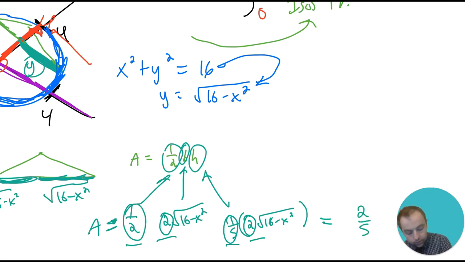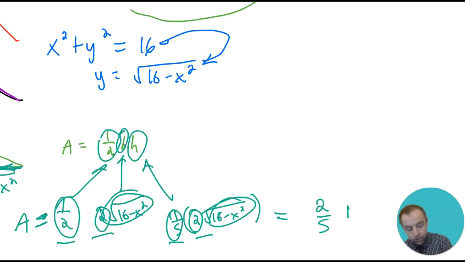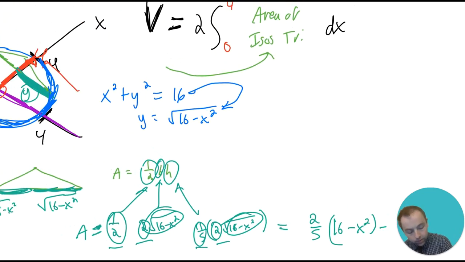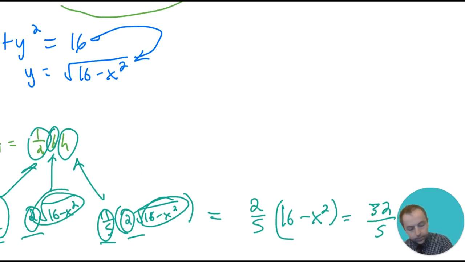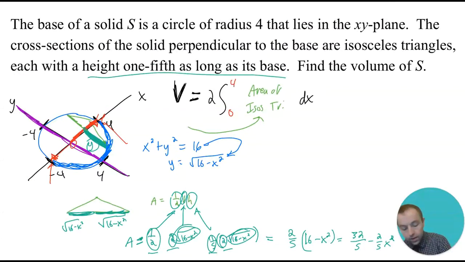Square root times square root with the same radicand just becomes the normal expression, 16 minus x squared, which multiplied by 2/5 yields 32/5 minus 2/5 x squared. That gives you the area of the isosceles triangle cross-section.